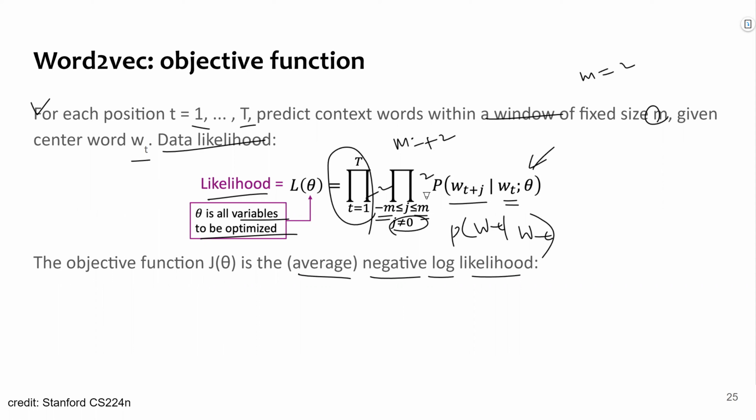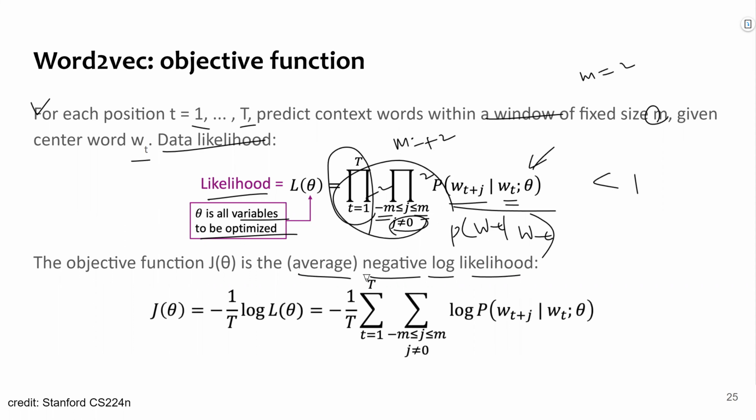Because I mentioned this several times, I remember. This multiplication, this probability, is inherently less than 1, and multiplying multiple numbers that are all less than 1 will easily become 0, and we cannot optimize the word vectors. What we can do is take the negative log of the likelihood, and we get the negative log likelihood.